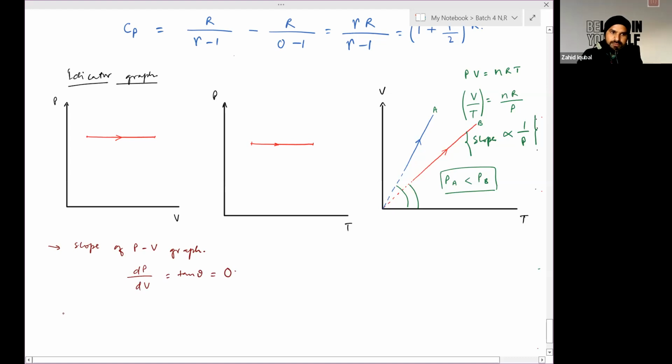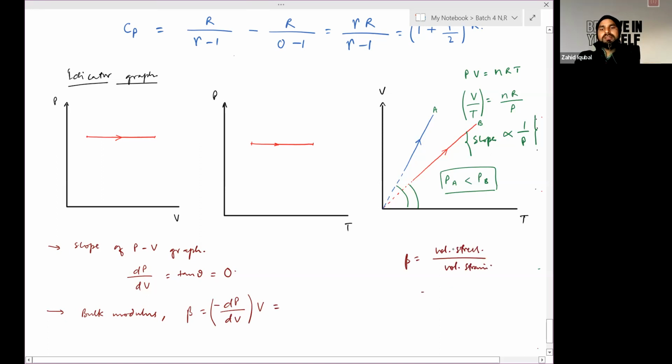Now, related to this slope, you have to calculate the bulk modulus, which I defined in mechanical properties of solids. Beta equals dP by dV with a negative sign multiplied by volume. In solids, I defined beta as volumetric stress divided by volumetric strain.